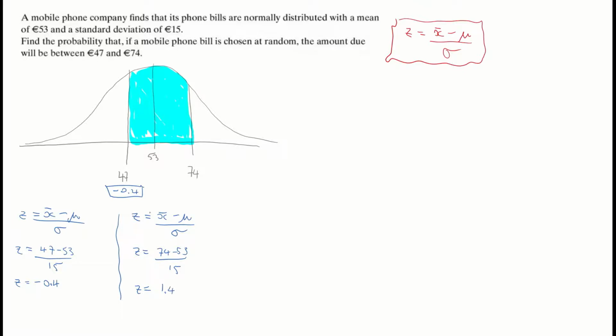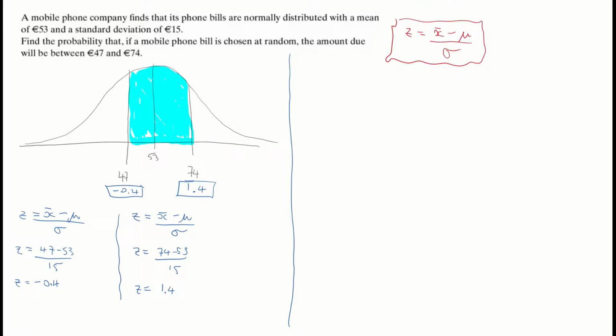Again, you can see that that looks about right. It's to the right hand side of 53, into the positive region. So there are my two z-scores. We've now moved away from currency to z-scores, which means I can now use them in my log tables to find the probability. So it's important that you put them into z-scores.